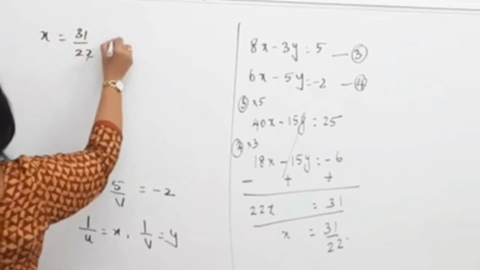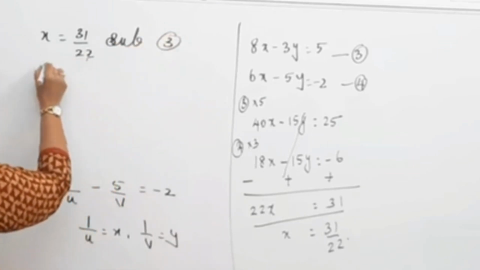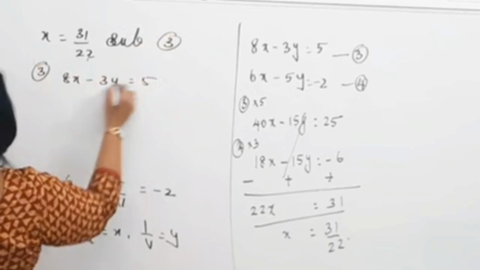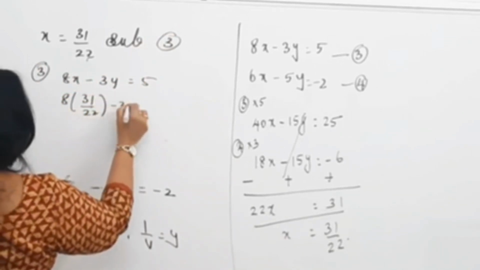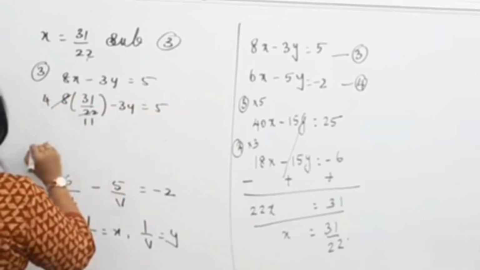Substitute in equation 3, that is 3 says 8x minus 3y equal to 5. So 8 into 31 by 22 minus 3y equal to 5. I cancel this. 4 11s are 44, 4 31s are 124.